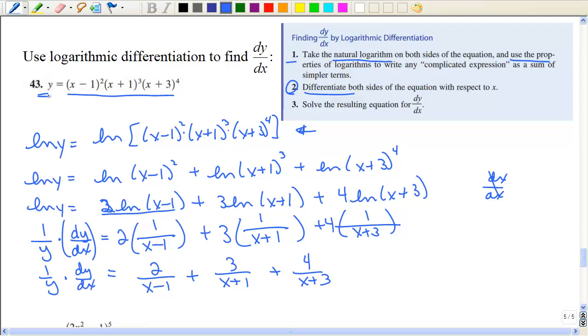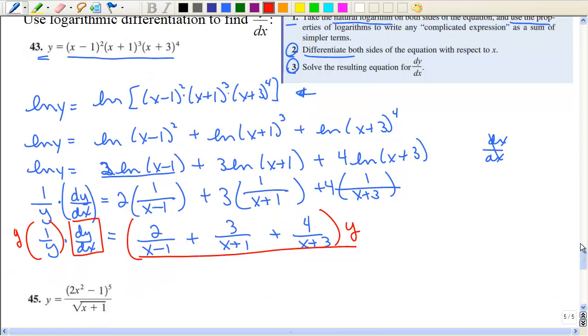All right, so how do we solve the resulting equation for dy/dx? Well, if I want this by itself, then I just need to multiply both sides times y. So we could say dy/dx equals all of this times y. But what was y? This is where your answer is going to be really ugly.